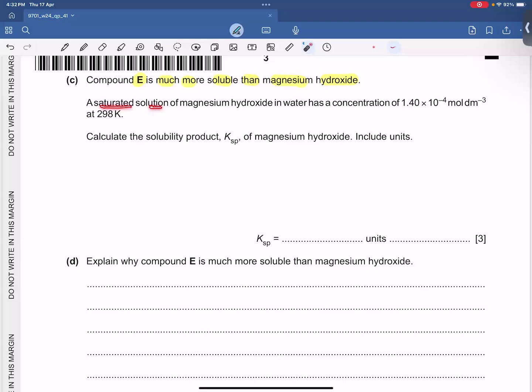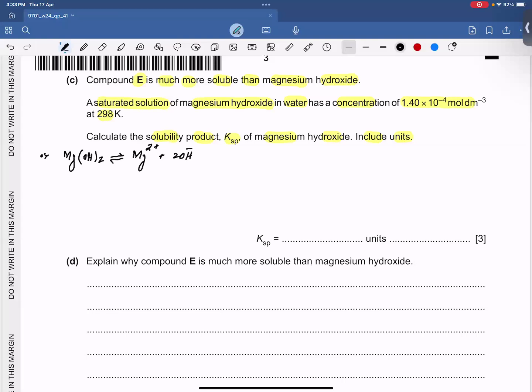A saturated solution of magnesium hydroxide in water has a concentration of this at 298 Kelvin. Calculate the solubility product of magnesium hydroxide including units. That's easy. In the first step, let's dissociate magnesium hydroxide into magnesium ions and hydroxide ions.